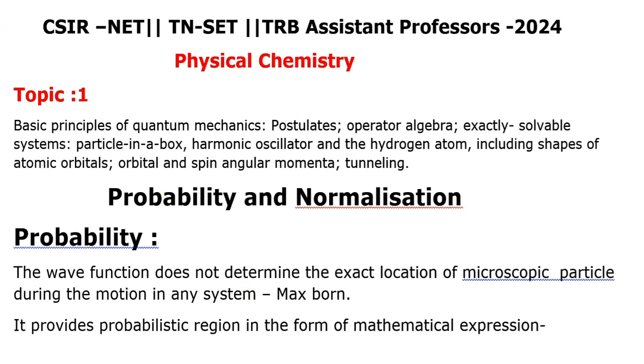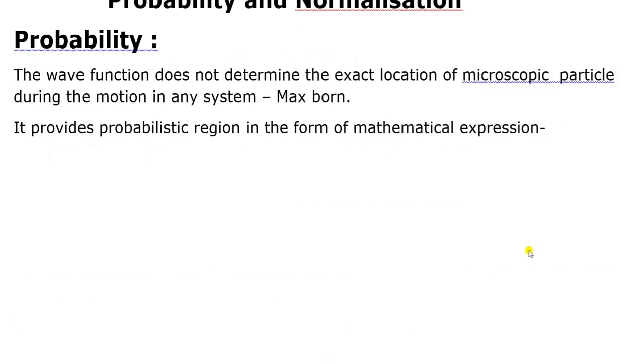The mathematical expression is the probability P is equal to the integral over a range of psi times psi star, that is the square of the wave function, d tau.